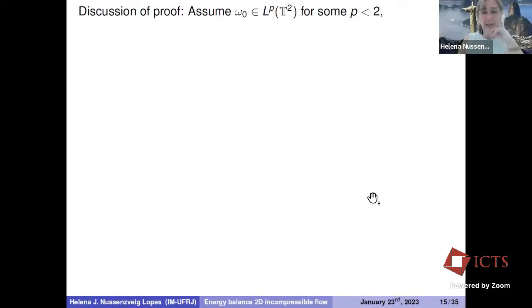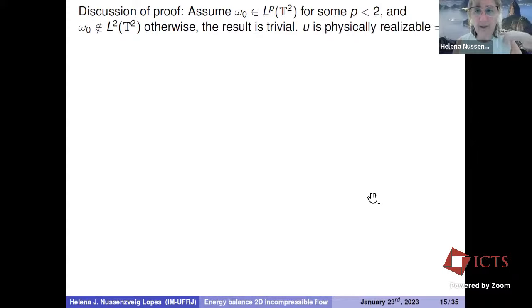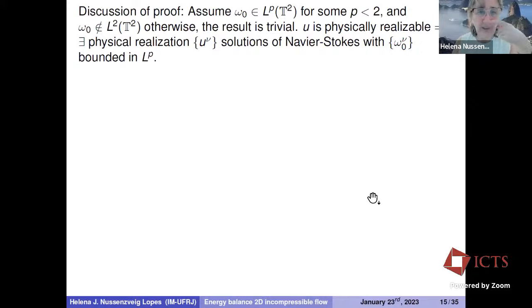We start by assuming that the initial vorticity is in LP for some p less than 2, and that it doesn't belong to L2, because if it belongs to L2, in particular on the torus, it will belong to L3/2, and we already know that the weak solution is conservative. Since U is assumed to be physically realizable, we can find a physical realization. In other words, a family of solutions of Navier-Stokes with viscosity nu and initial vorticity omega naught nu bounded in LP, and such that the velocities converge weak star to U, and the initial data converges strongly.